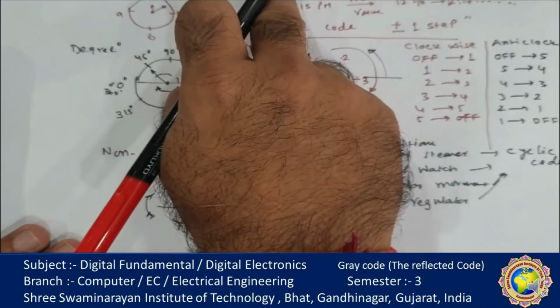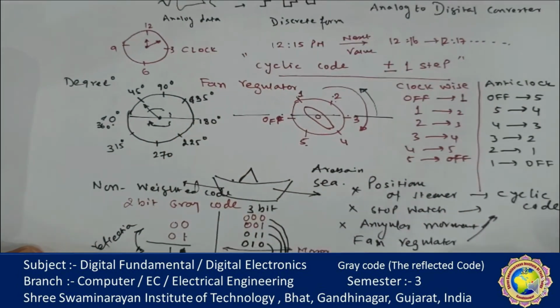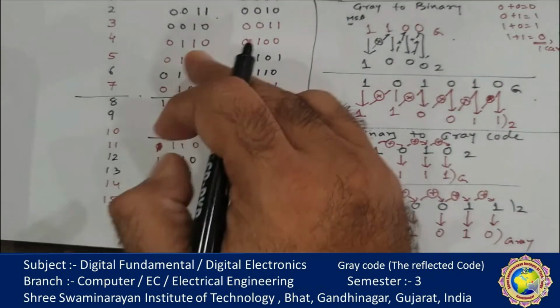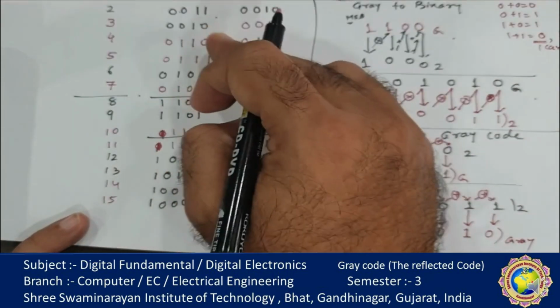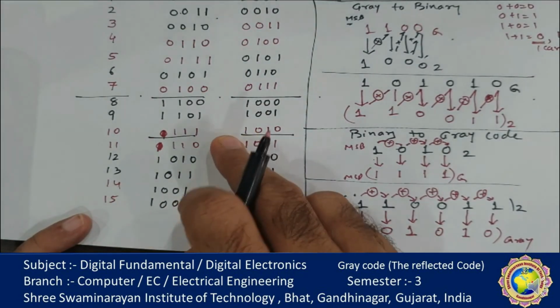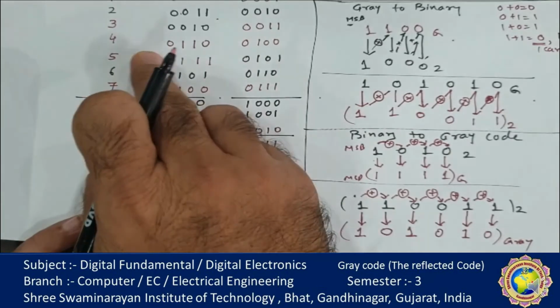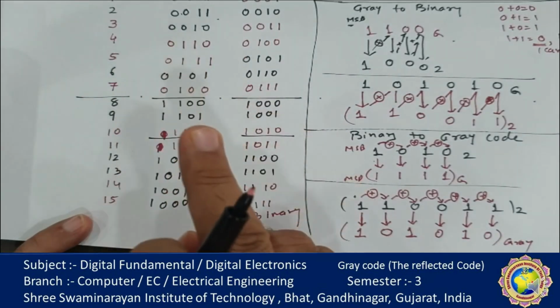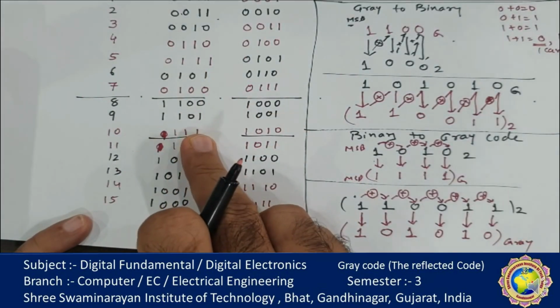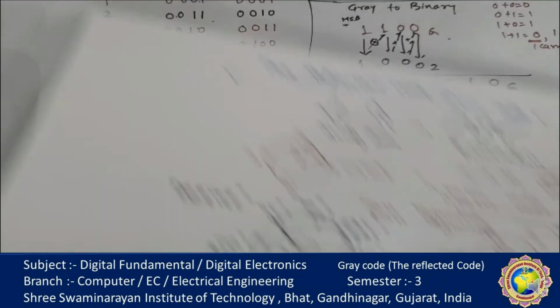At that time, the gray code is very important, reflected code, because only one bit is changed from the previous one. And so the power consumption will be less, because only one element changed, the remaining are in the same state. So in other words, the power consumption is less switching.